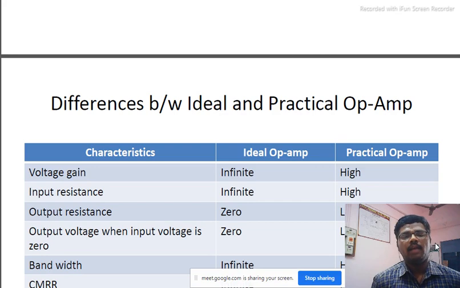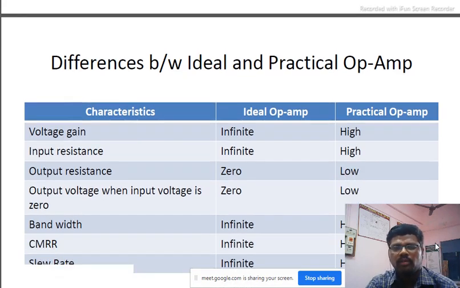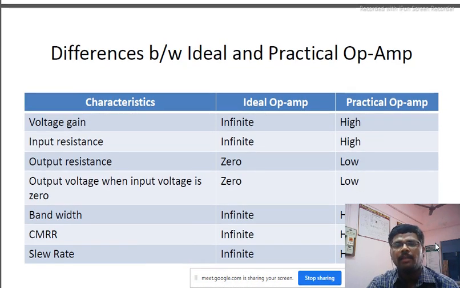What are the differences between ideal op-amp and practical op-amp? We have to write this. The first one is the ideal op-amp and the second one is the practical op-amp.